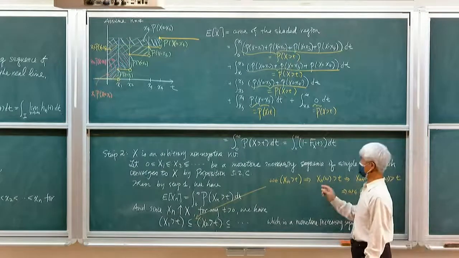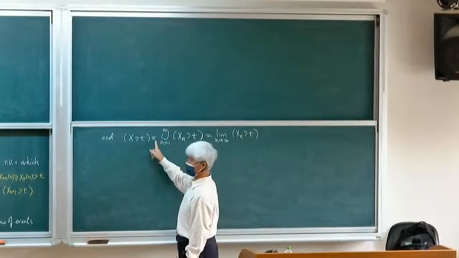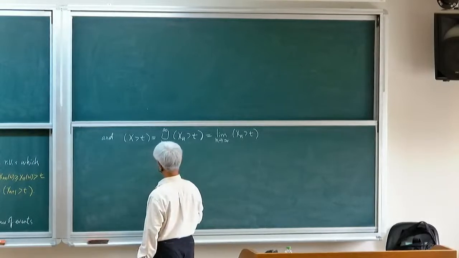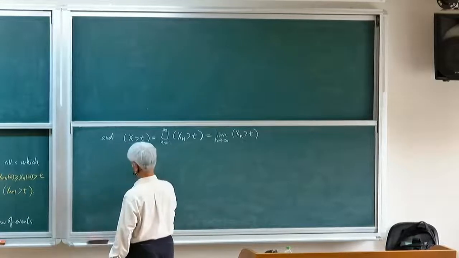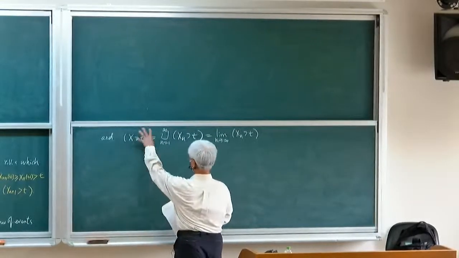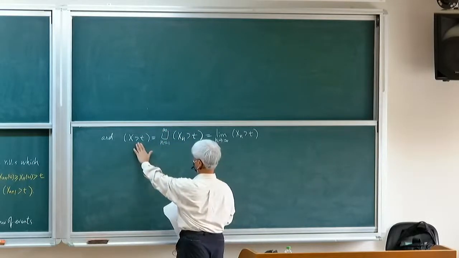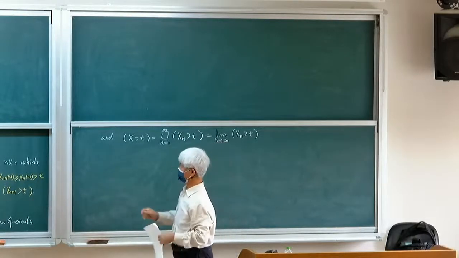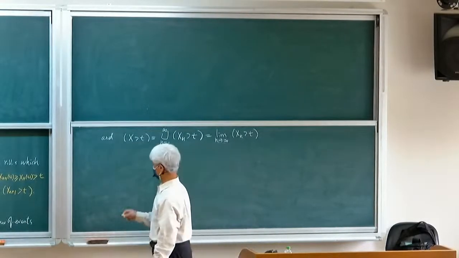And similarly, you can prove the equality. To show the equality, you have to show the two directions. You have to show it's a subset of this union, and on the other hand, the union is a subset of this event. You can try at home with the same method.